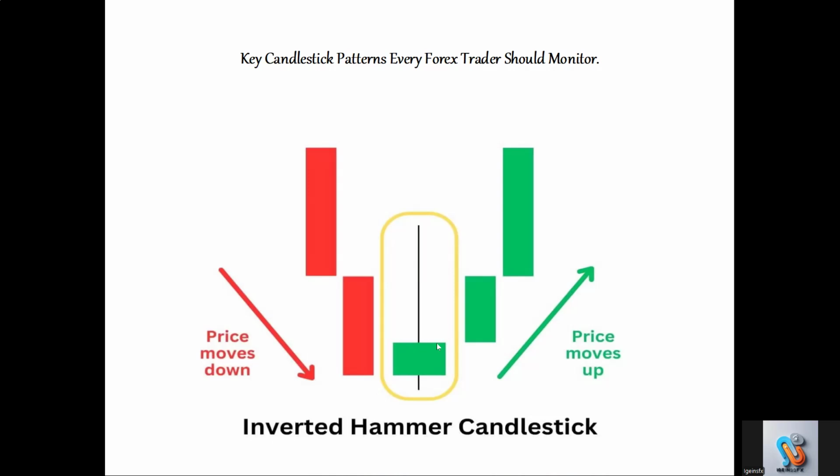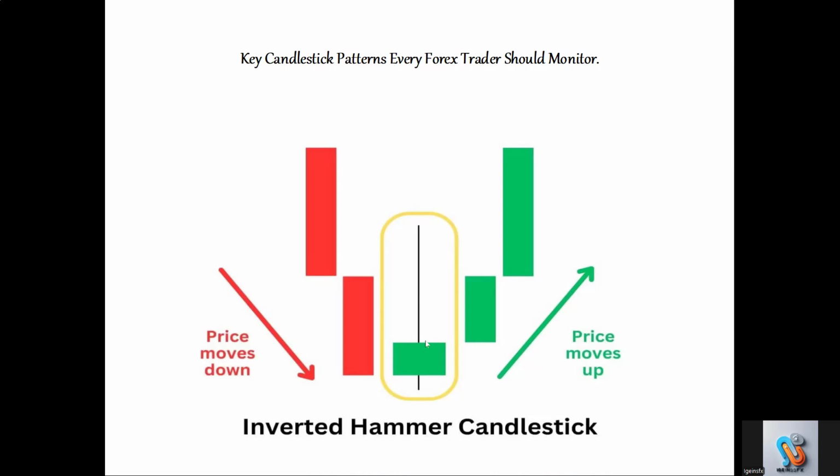At this point in time, you discover that from here to here, sellers could not push out all the buyers. They were flexing their muscles until they got here, and then they got thrown out.